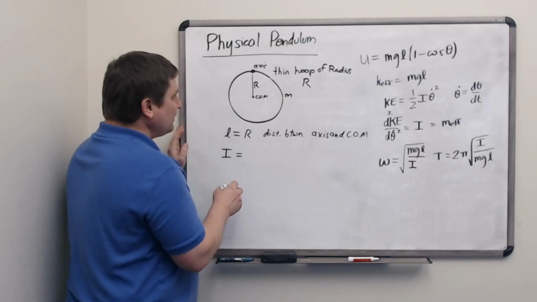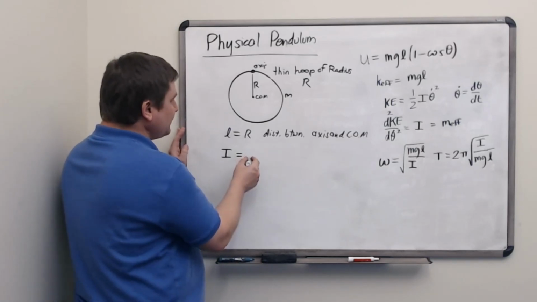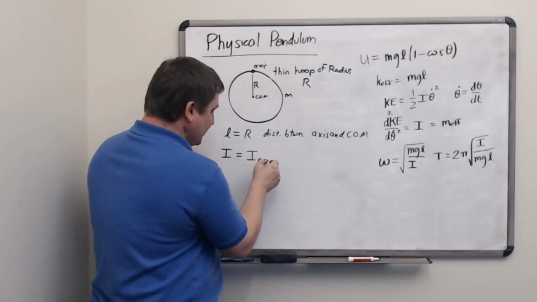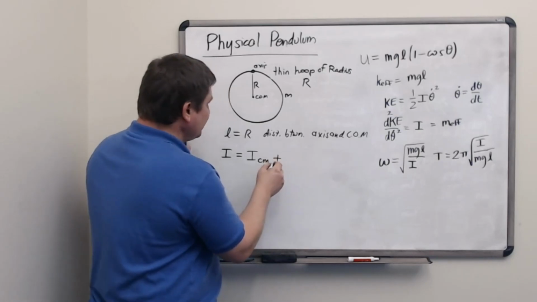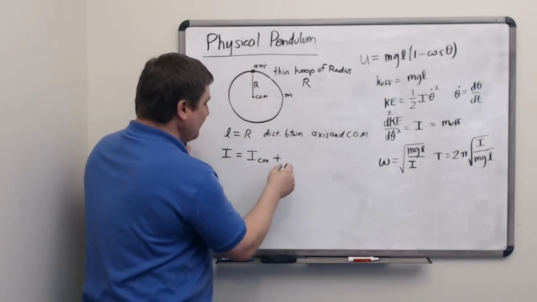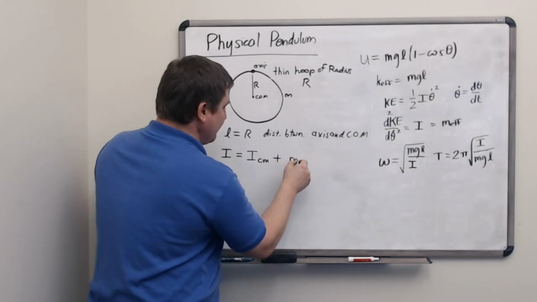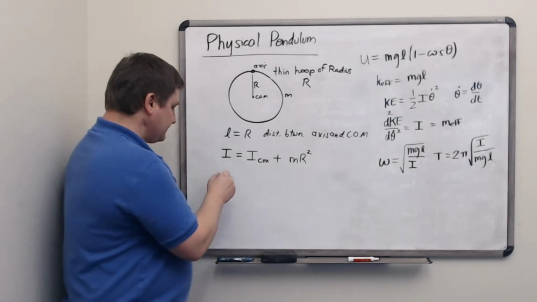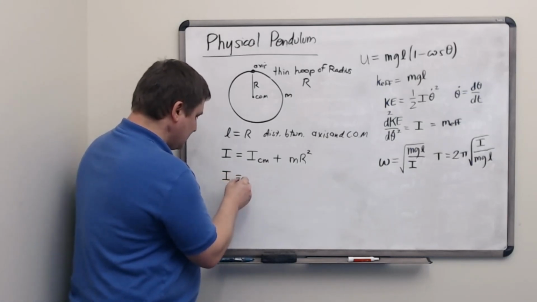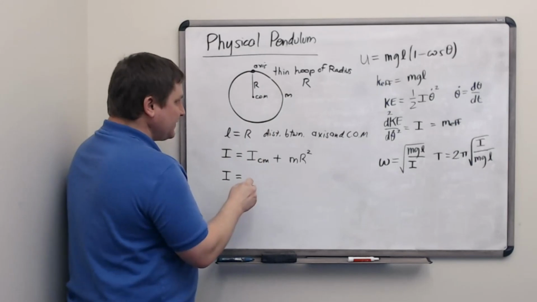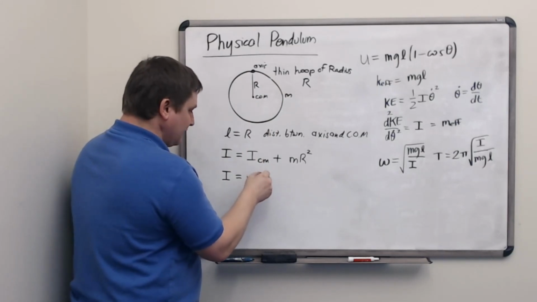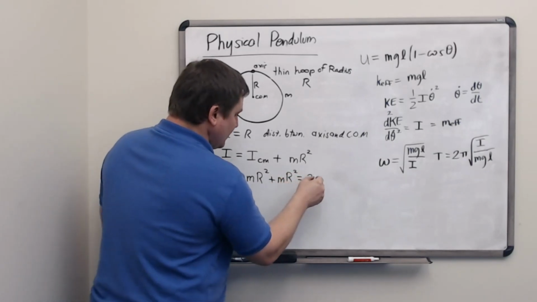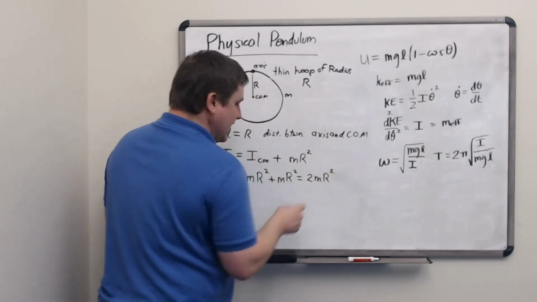Remember that the parallel axis theorem says the moment of inertia about a specific axis will be equal to the moment of inertia of the object about its own center of mass, plus an additional term due to the displacement from the center of mass. So we'll have mr squared. For a thin hoop, the moment of inertia is just mr squared itself. So we actually get two contributions here which are identical and make the moment of inertia equal to 2mr squared.